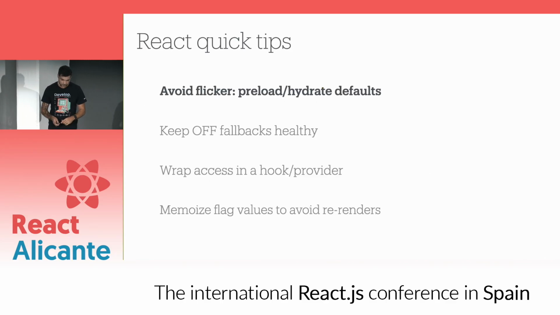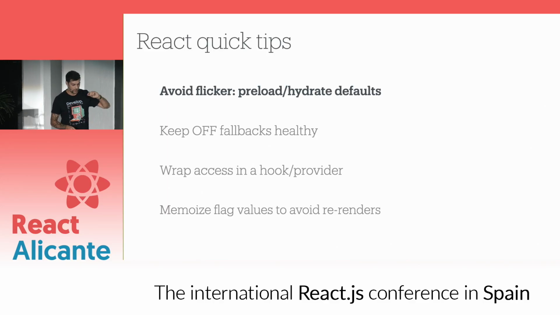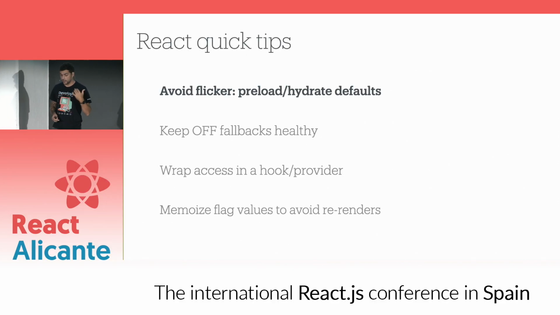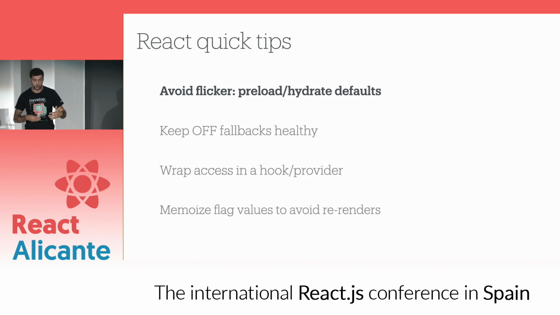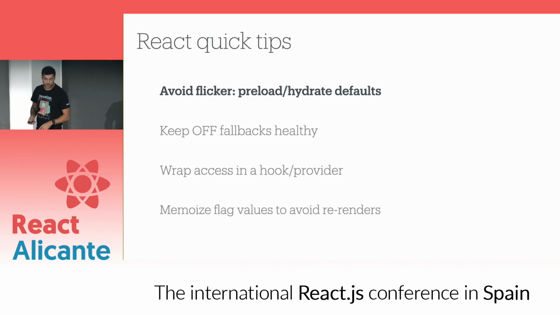That's it. So this is a React conference. I had some code, but I don't have time, so I'm going through it really quickly. In React, adopting feature flags, avoid flicker. This usually means preload and hydrate defaults, which usually comes down to using a context and a provider, and that's it.